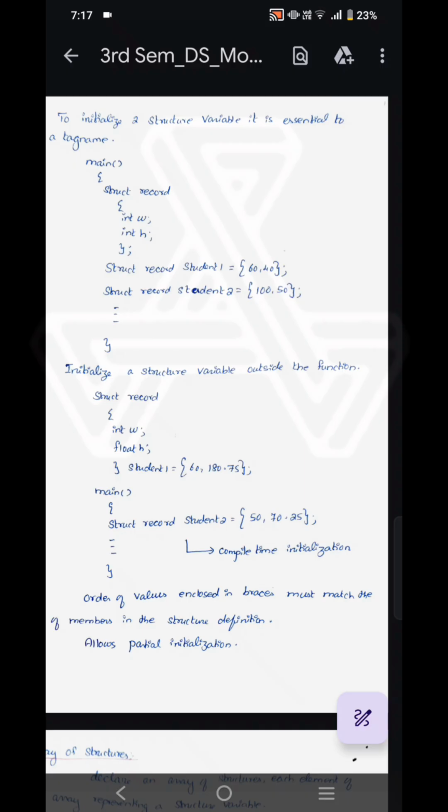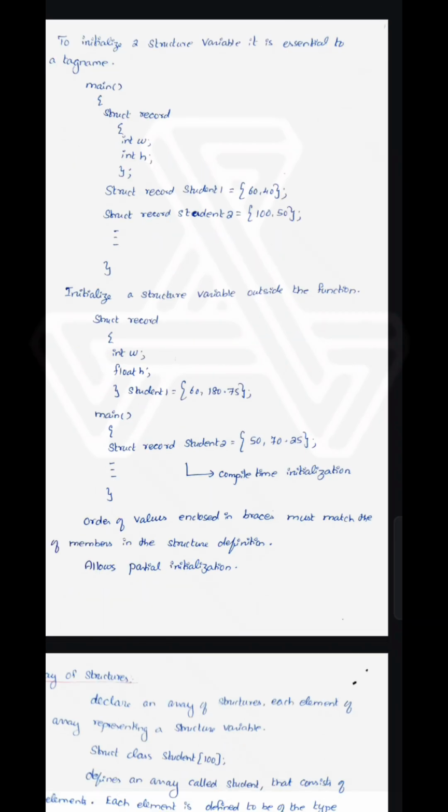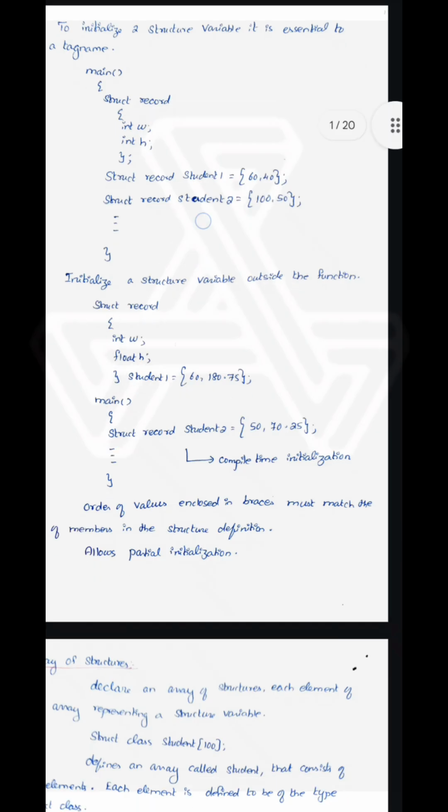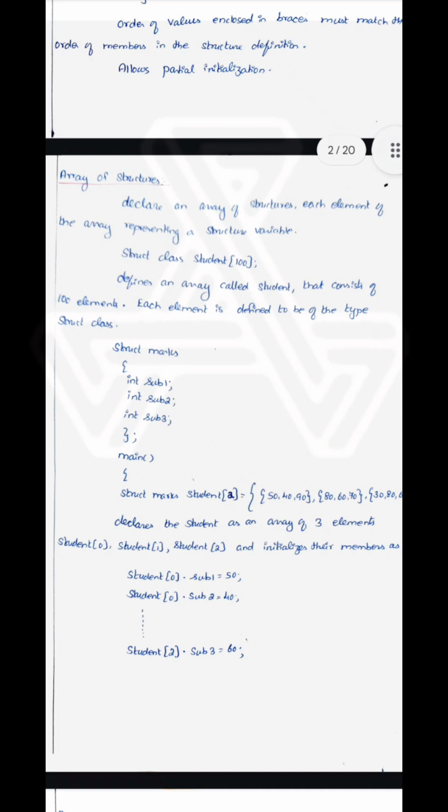Compile time initialization: the order of values enclosed in braces must match the members in the structure definition. It allows partial initialization.